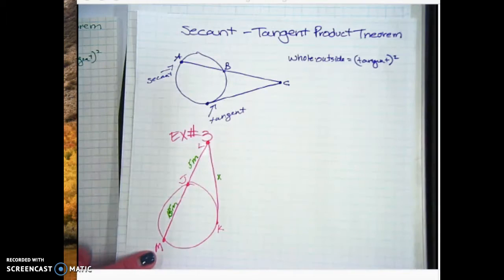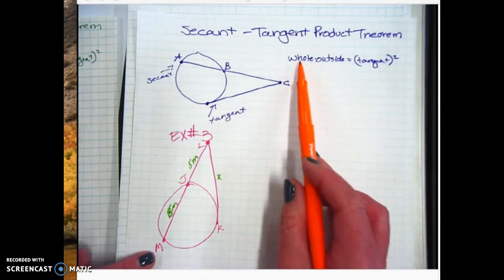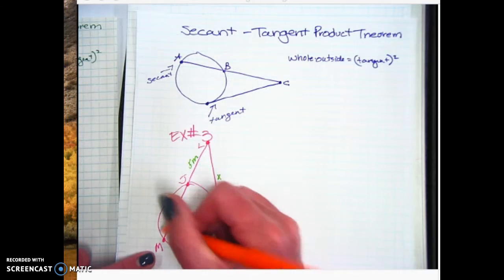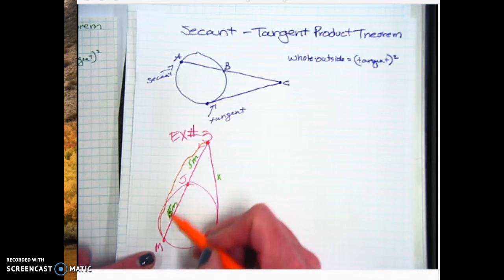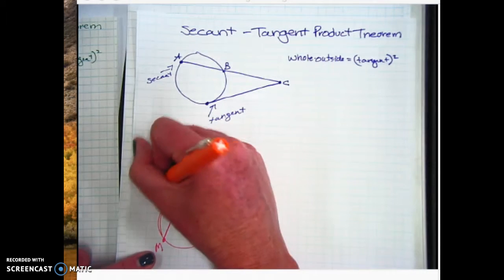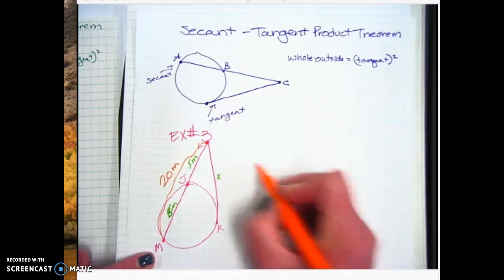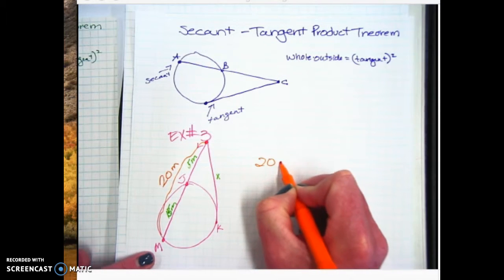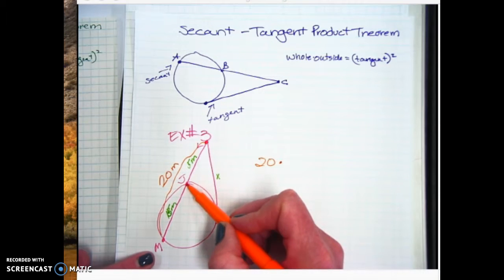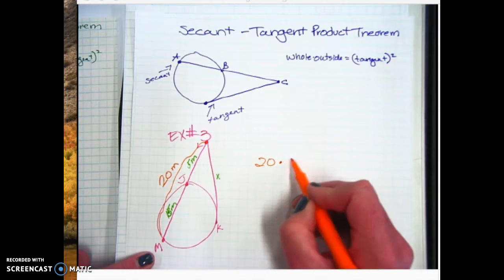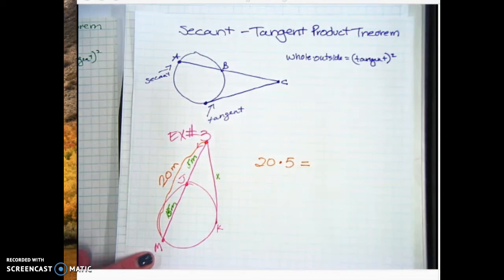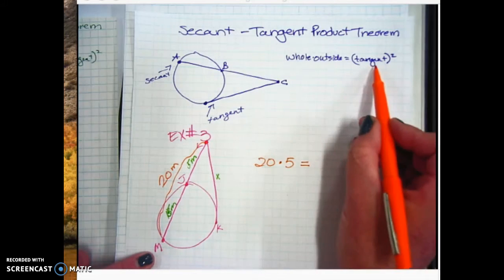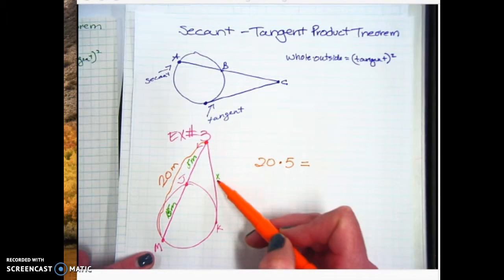We'll call it X. Okay, so we're going to do the secant first. The secant, you do the whole times the outside. So we have to add these two together. What is 15 and 5? 20 meters, right? So we're going to do 20 times just the outside. So from J to L is 5. And then over here, we're going to do the tangent. Tangent's the one we don't know.